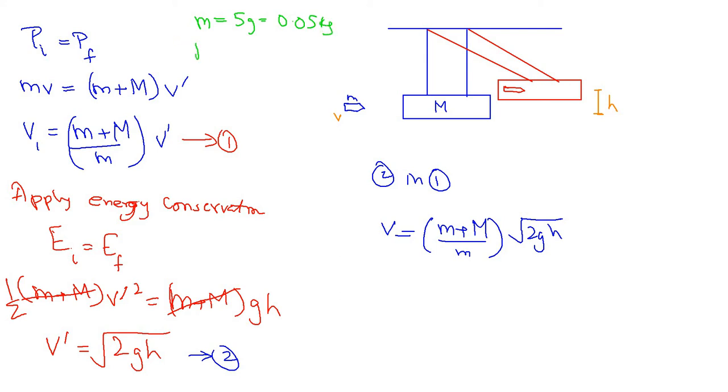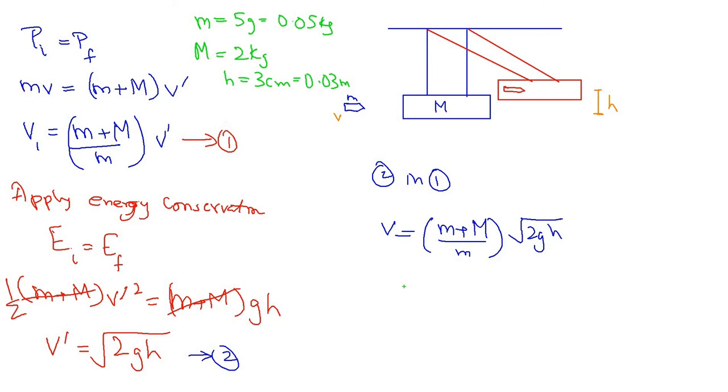The mass of the block, let's say, is 2 kilograms, and the height is 3 centimeters. Obviously we can measure the height in a particular situation. So this is 0.03 meters.